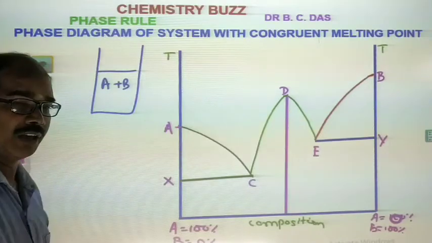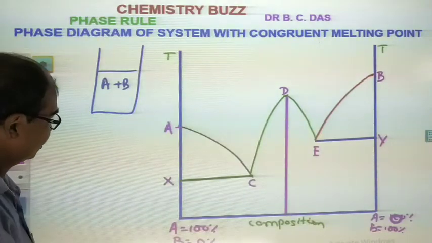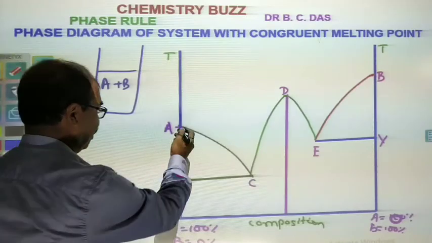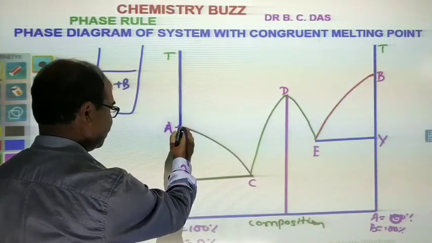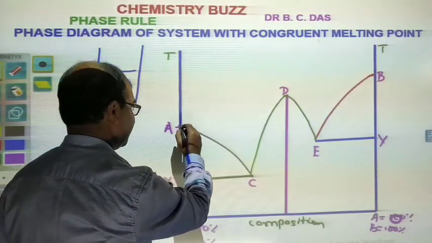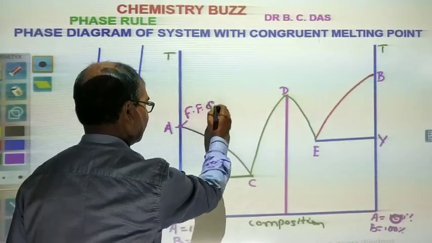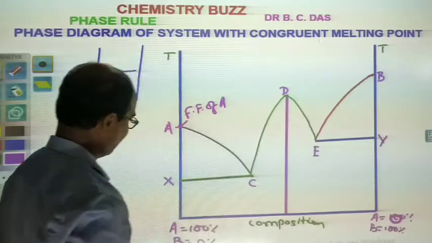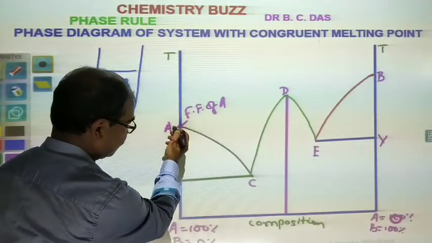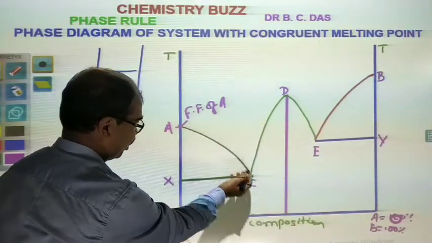The melting point and the freezing point are the same for a substance, so this point is the freezing point of A, and this is the cooling curve or freezing point curve.